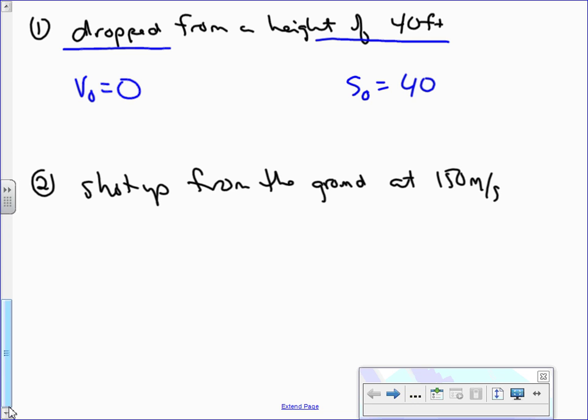Okay, so we're going to start on the ground. That is, initial position is 0. And at the beginning of the time of interest of this problem, how fast was it going? 150. That's initial velocity is 150.